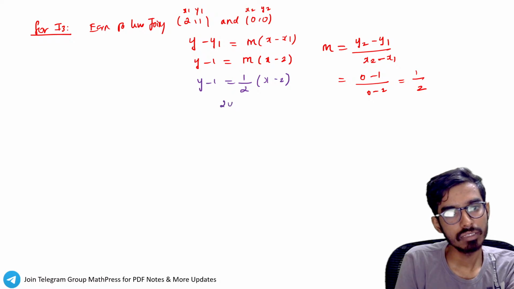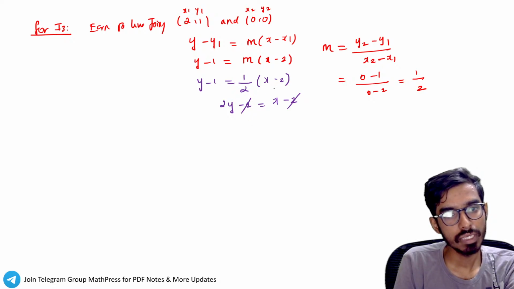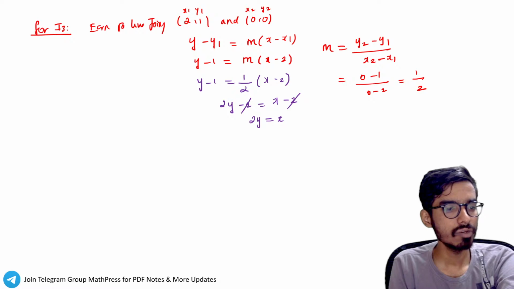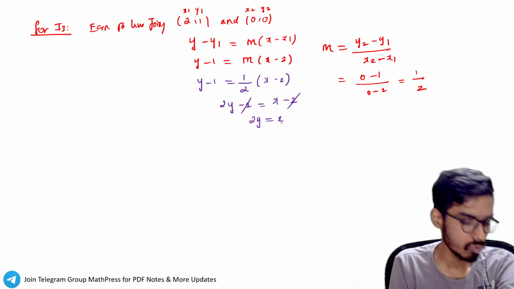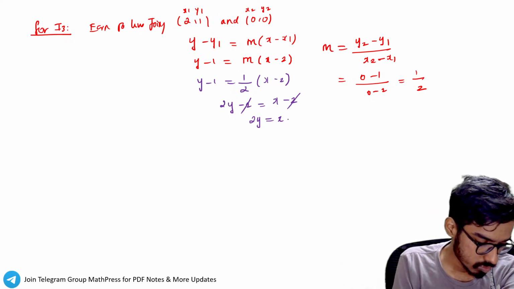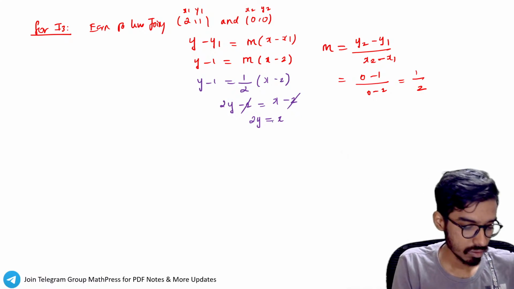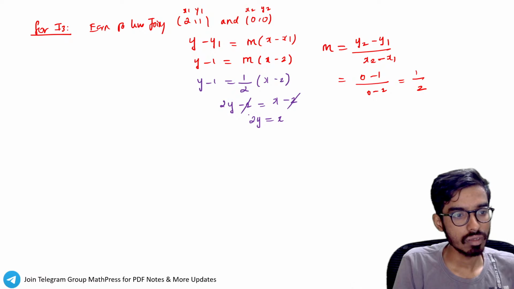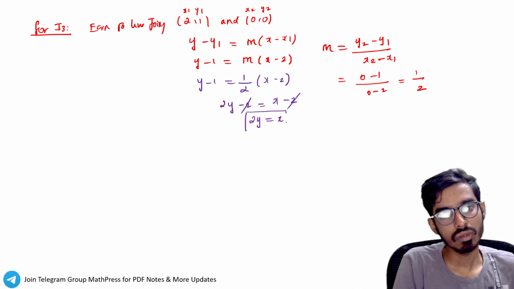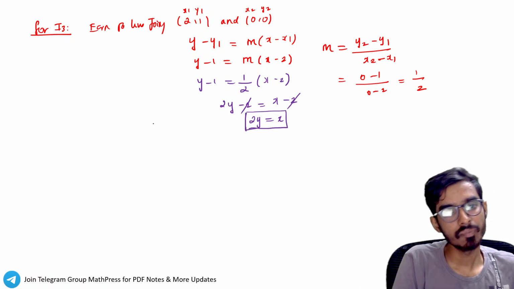So cross multiply this. So we have 2y minus 2 is equal to x minus 2. So 2y is equal to x, right? Yes, okay. So we have 2y is equal to x.